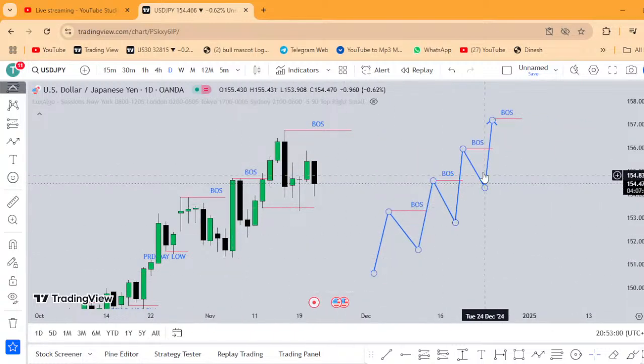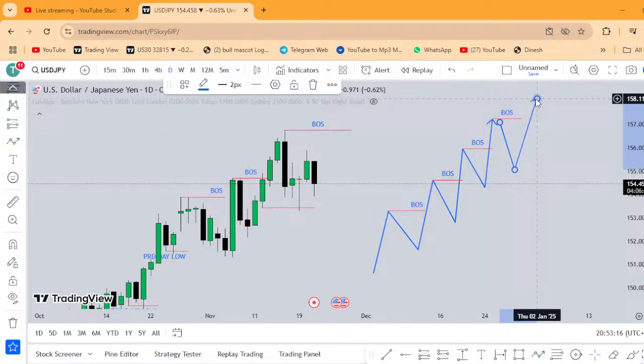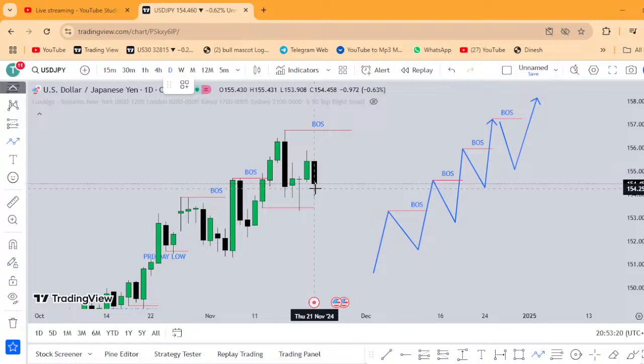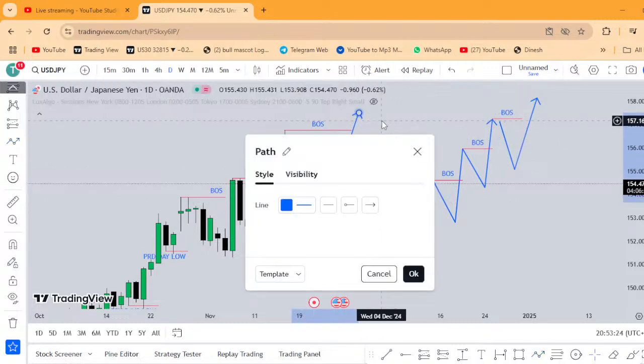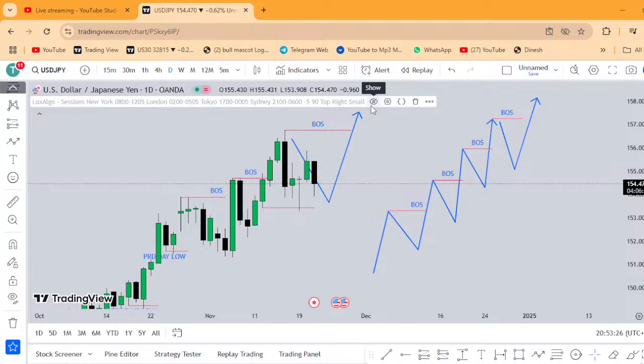So you can see breaking structure with a body, BOS, breaking structure with a body, BOS. We also want this price to do something like this. This new wave is currently down somewhere here. We want it to continue up, and then it should come up here, then it breaks, then it confirms that price has again confirmed a new BOS, right?